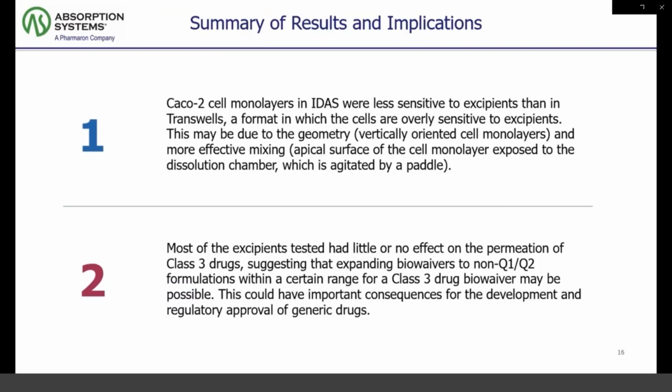Keeping in mind the disclaimer that I presented earlier, that the opinions expressed here are mine and do not reflect the views or policies of the FDA, the results to date suggest that it may be possible to safely expand biowaivers for BCS class 3 drugs to a wider range for some excipients. But a lot more work remains to be done before we get to that point.